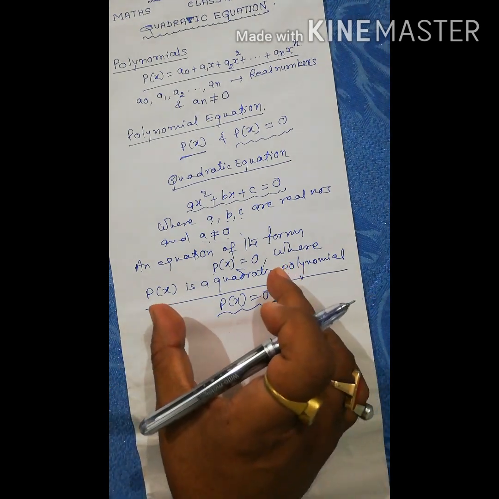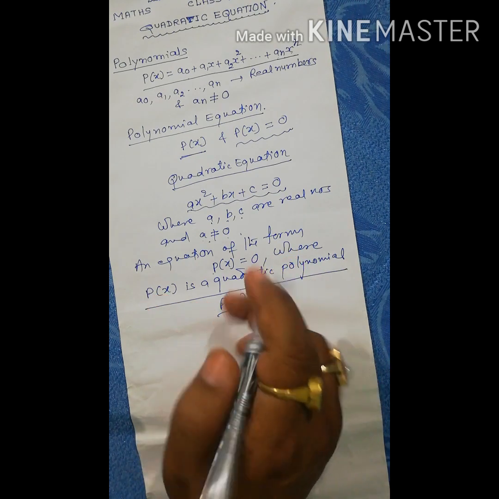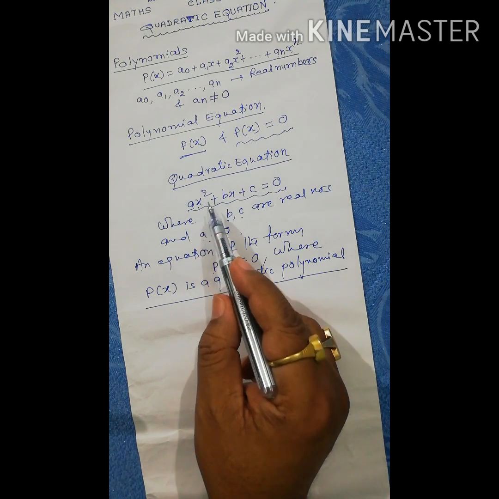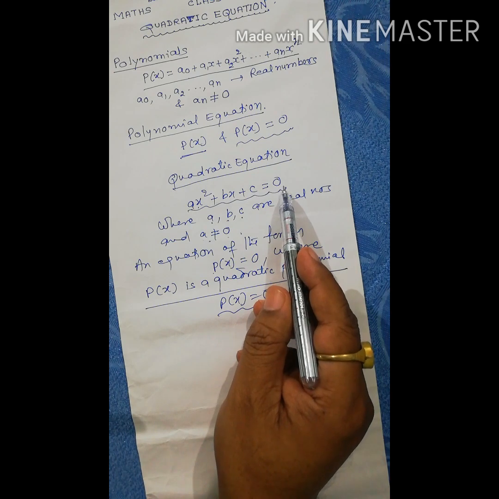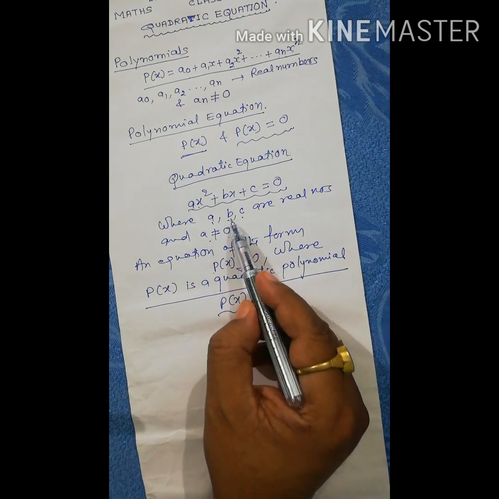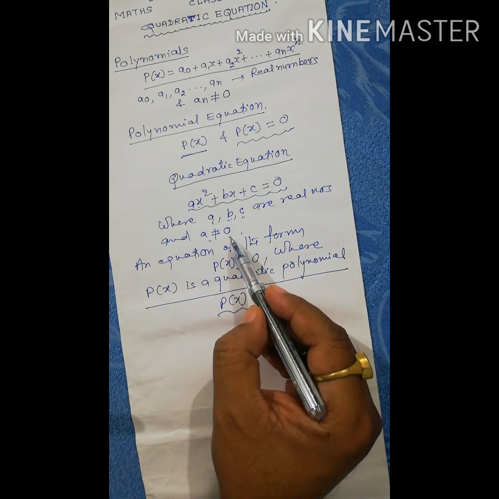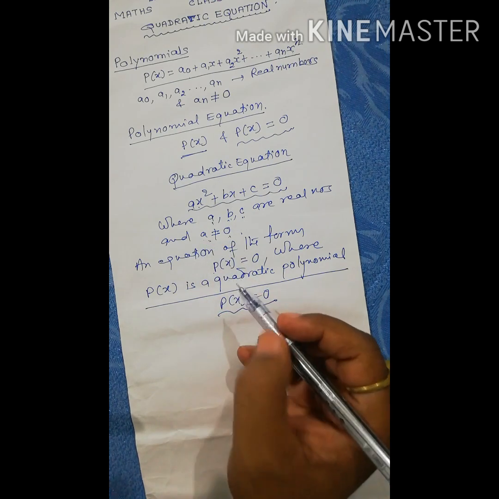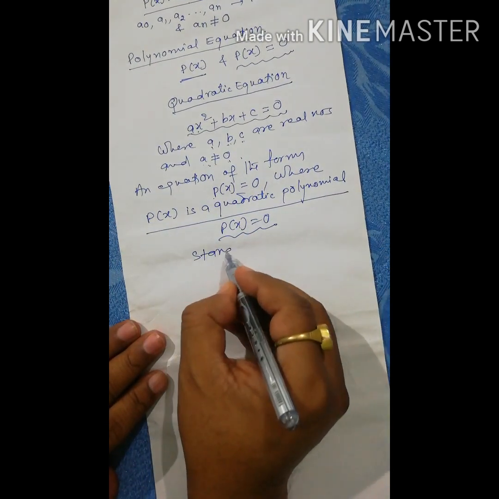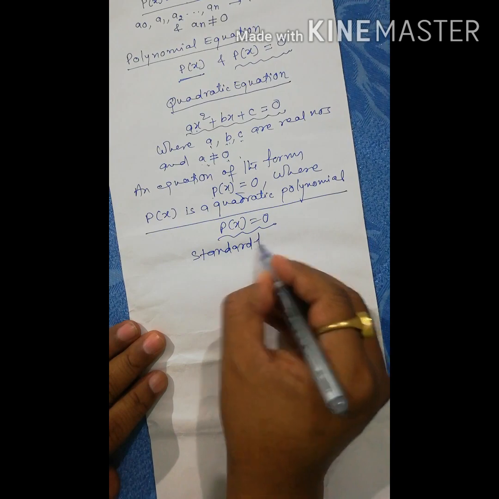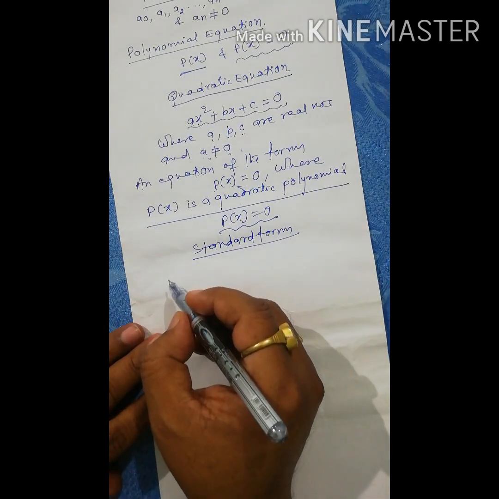Once again, a quadratic equation in the variable x is an equation of the form ax² + bx + c = 0, where a, b, c are real numbers and a is not equal to 0. In this way we get the standard form of a quadratic equation. What is the standard form?